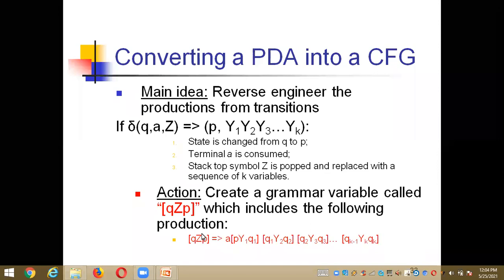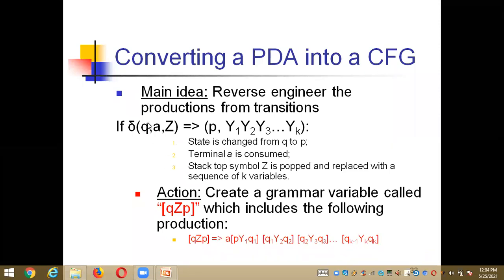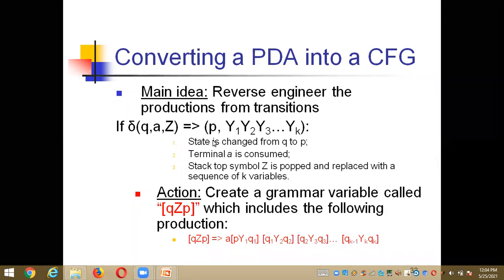The action that we take here is that we create a grammar variable, which we can call [qZp]. From this transition rule, we write the grammar like this: q is the current state, Z is on the top of the stack, and p is the changed state. So [qZp] includes the following production.